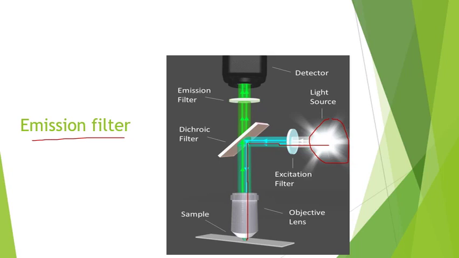This specimen, after absorbing this light, has some fluorescent dyes. From this the light passes directly through the tube and ultimately reaches the emission filter, and this emission filter filters out the distracting light, and from this it moves directly towards the detector.